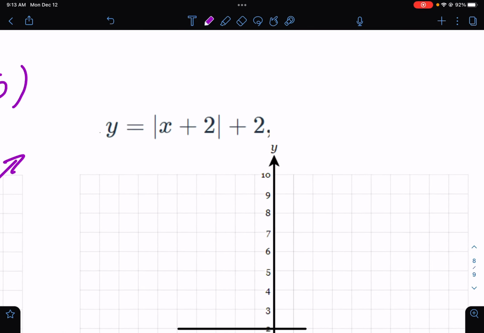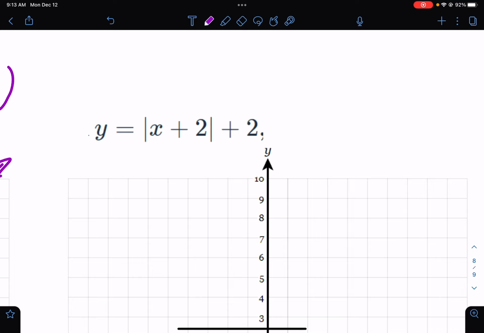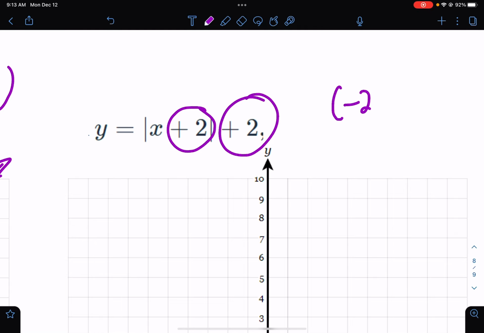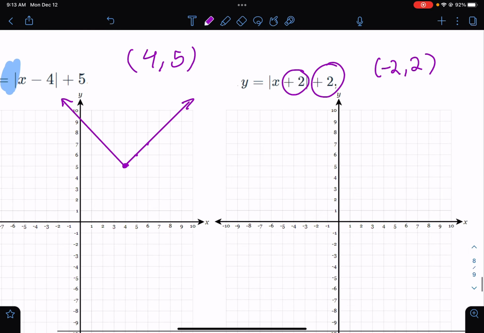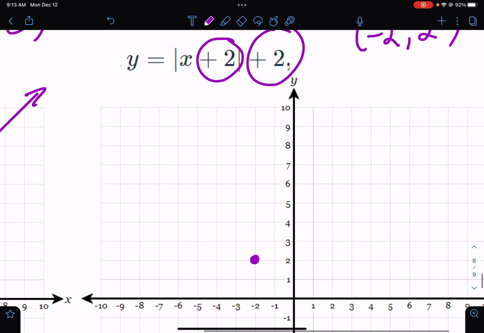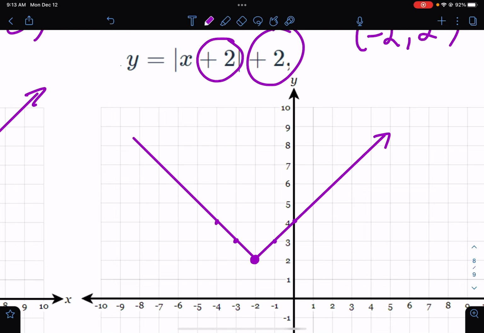Now, if you look at this one, all right, think about his vertex. Switch the sign of this guy, keep the sign of this one. So we're going to do (-2, 2), and then we're going to give it a slope of 1 this way, and then a slope of -1 this way.